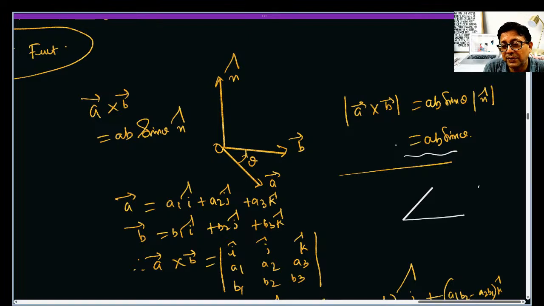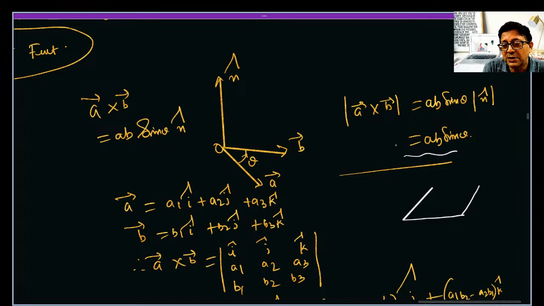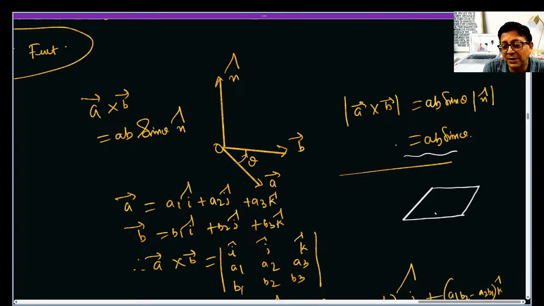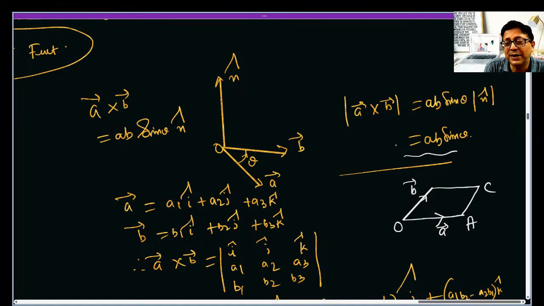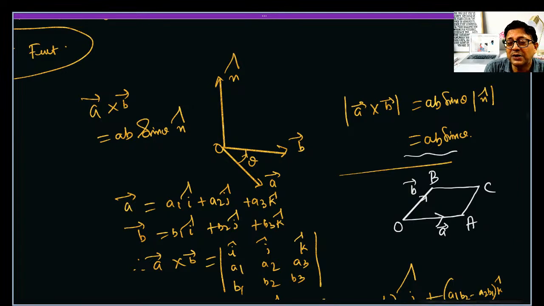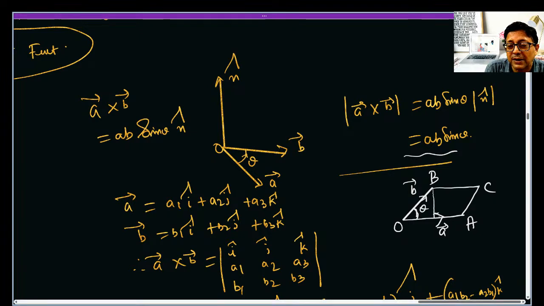I just remind you. This is vector A. This one, vector B. OACB is the parallelogram. What is the area of this parallelogram? This angle is theta.